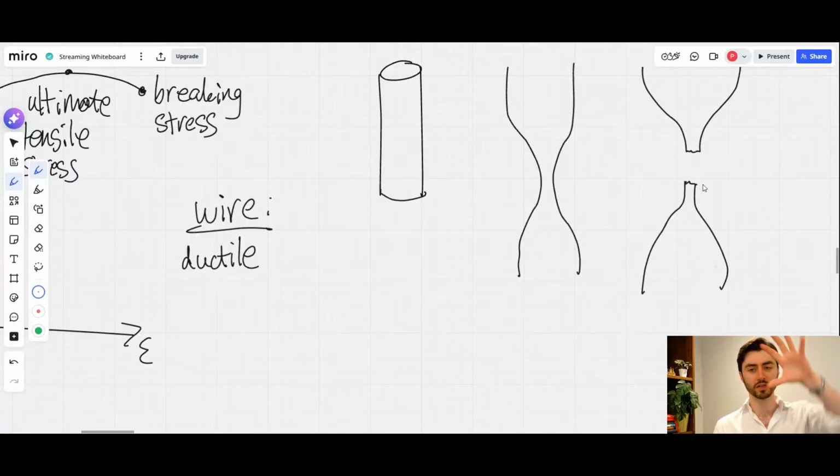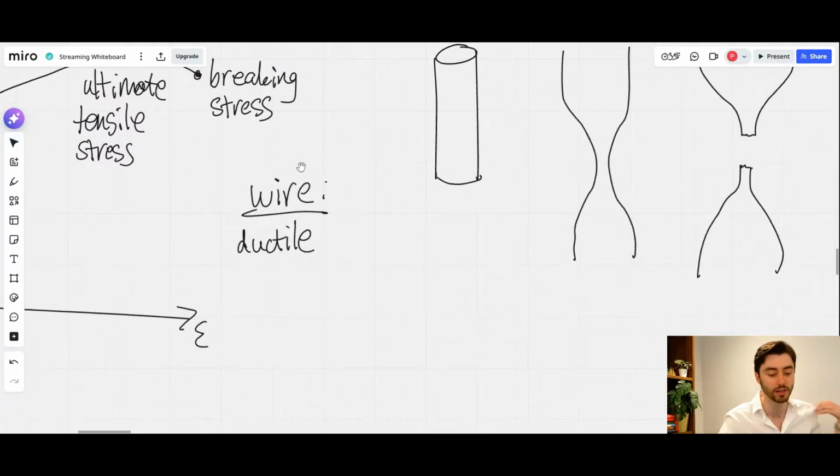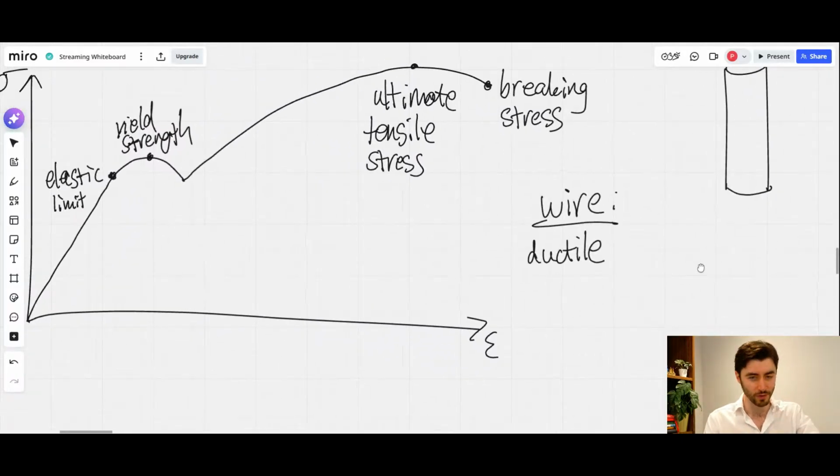And I think it's to do with all this shape change stuff, where in this particular bit, the area has decreased, which means the stress will have gone up, but the stress will have been concentrated there and not the whole thing. It gets a little complicated. And I think that particular point is beyond the scope of the syllabus. But it is explainable, but you've got to sit there and think about it for a really long time. And I haven't done that in a while, and I can't do that.